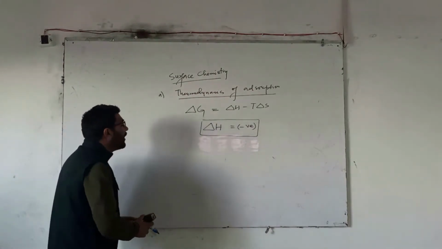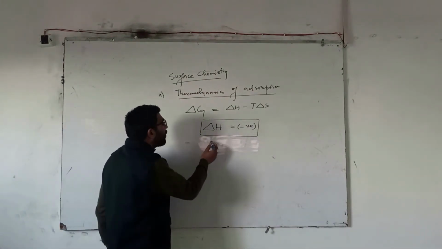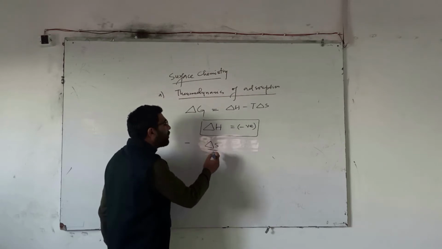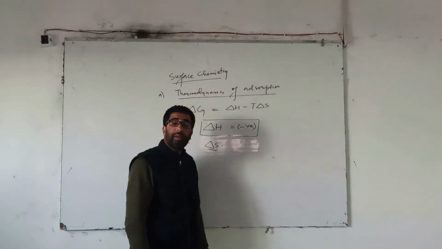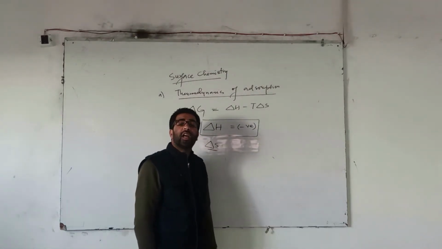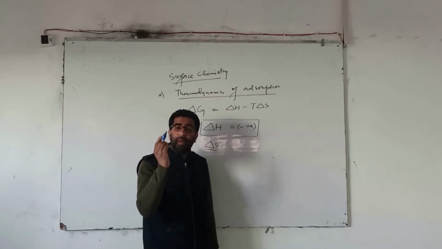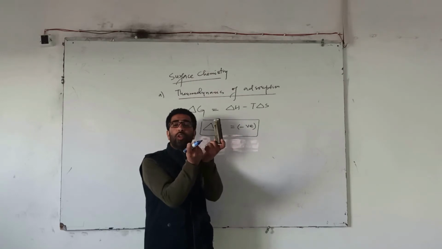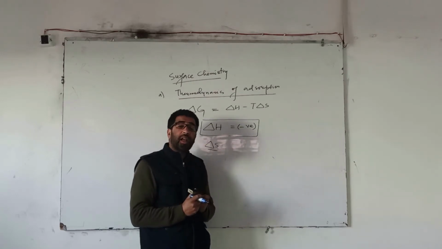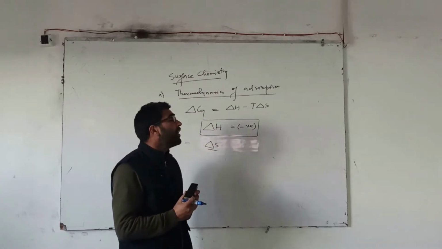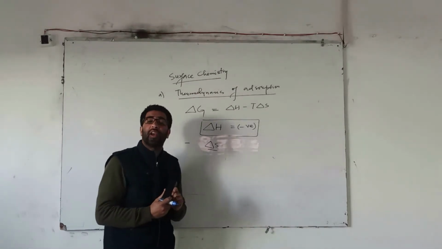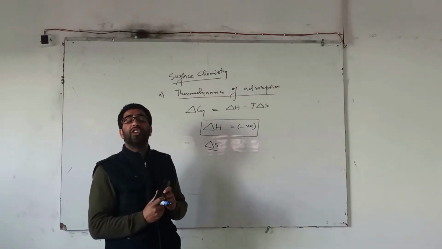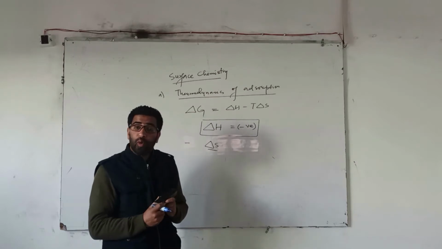The second point, as you have read about entropy, entropy means the measurement of random motion. You can say in other words, it is the measurement of complexions present in a system. Because of the formation of intermolecular force between the adsorbate and the adsorbent, there is decrease in the number of complexions, or you can say there is decrease in the random motion.